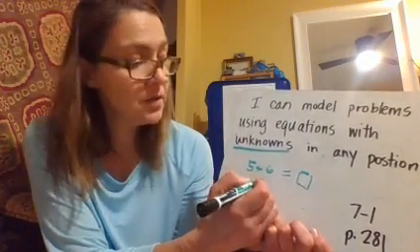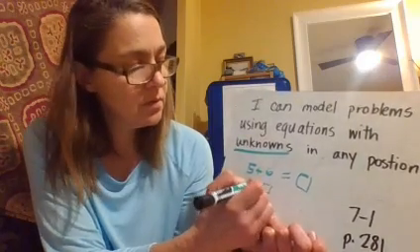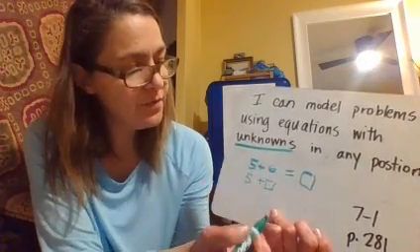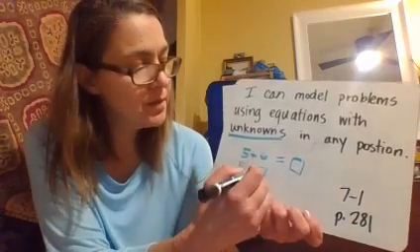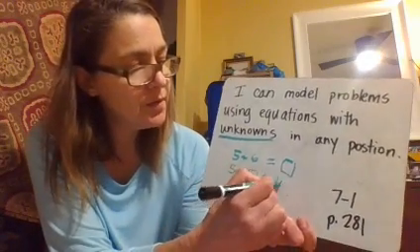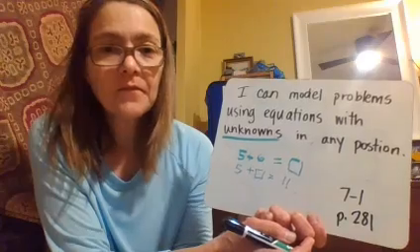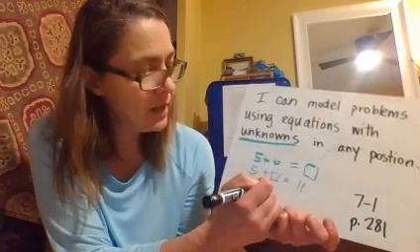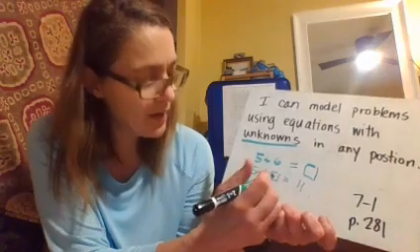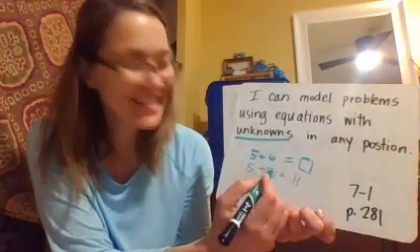Sometimes the unknown is the change. I have 5 cookies. I'm going to bake some more, and then I end up with 11. How many did I bake? Or in the beginning, I had some cookies.